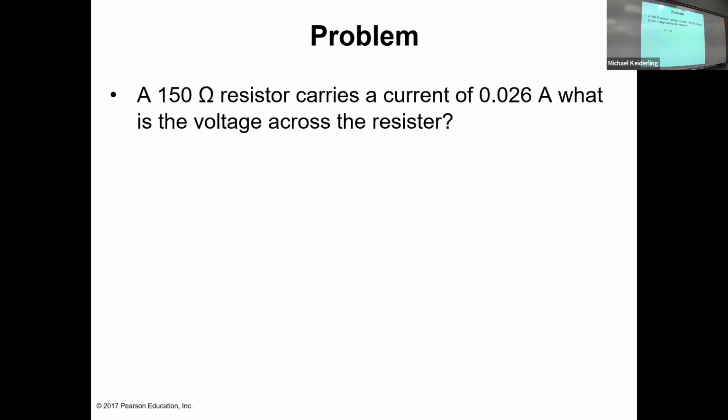Well, this is also fairly straightforward. Voltage is current times resistance. So 0.026 amps times 150 ohms gives you 3.9 volts.